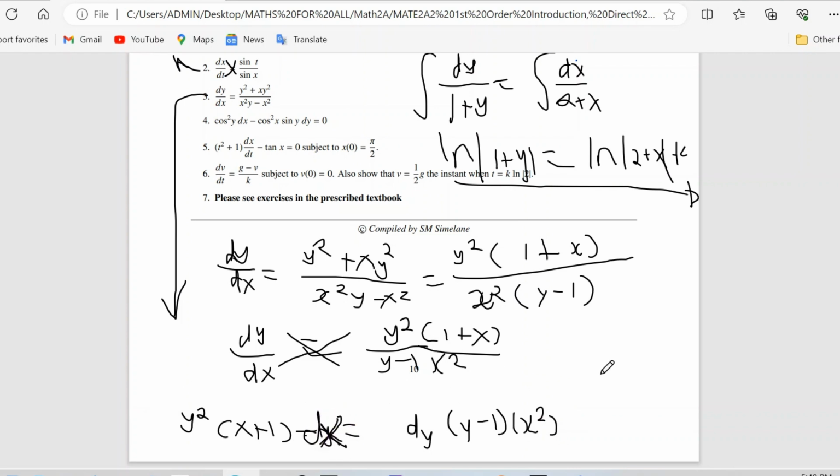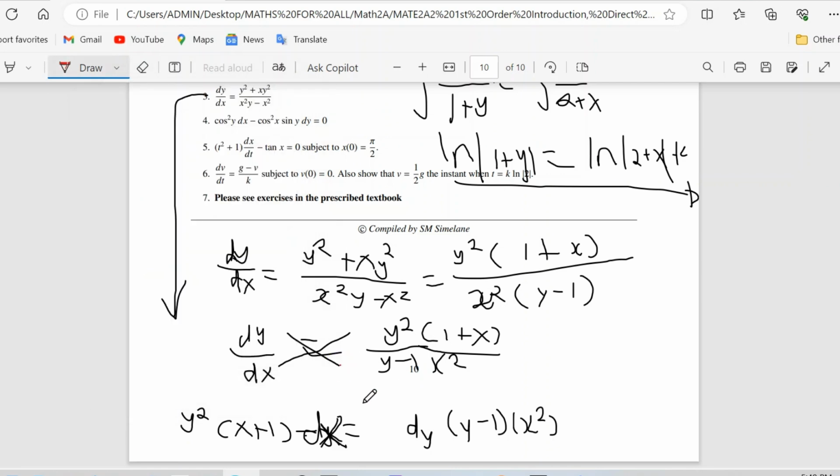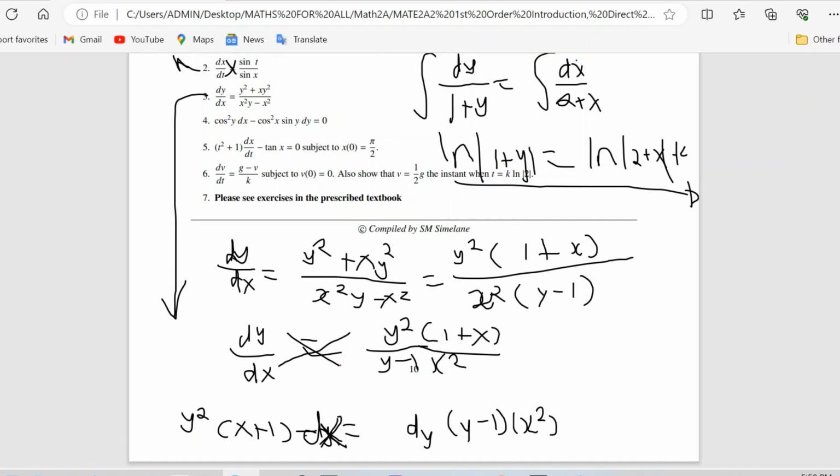Another thing we need to do here is make sure that the y is with what consists of y, and the x is with what consists of x. Now we need to divide both sides by y squared.